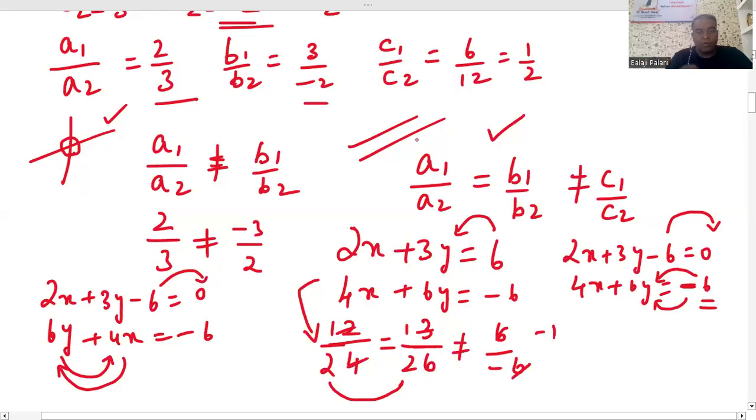Those two lines will be parallel to each other. They will never meet, and never meet என்றதுக்கு இன்னொரு presentation is there is no solution to such lines. Solution அப்படிங்கிறதே the meeting point தான் indicate பண்ணுது. Okay, so if there is no meeting point, then there is no solution for both the lines. So parallel lines, they never meet, and hence there is no solution.